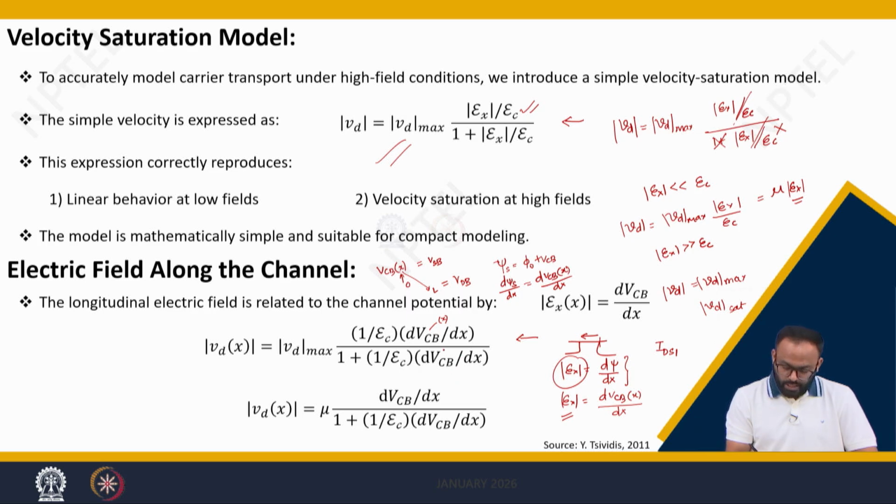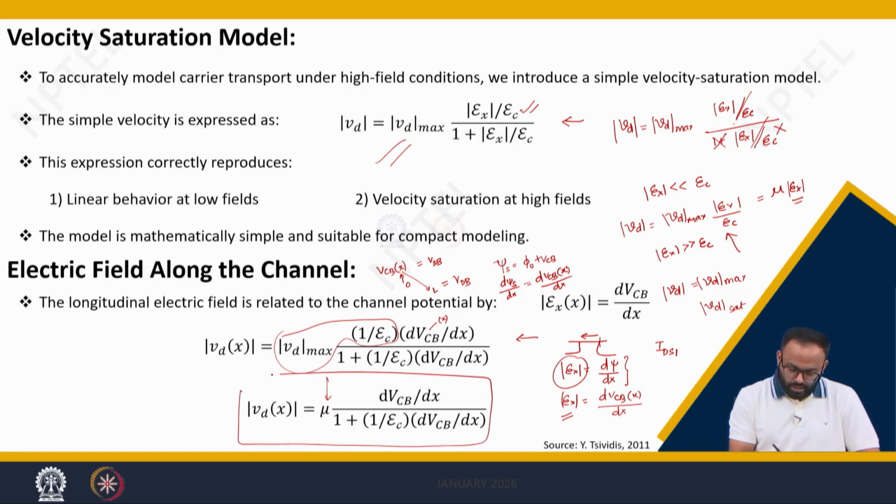Here Vd max by Ec is nothing but mu, as we discussed. Ultimately you get an equation for how my drift velocity changes with x, the dimension along the channel with a limit of 0 to L.